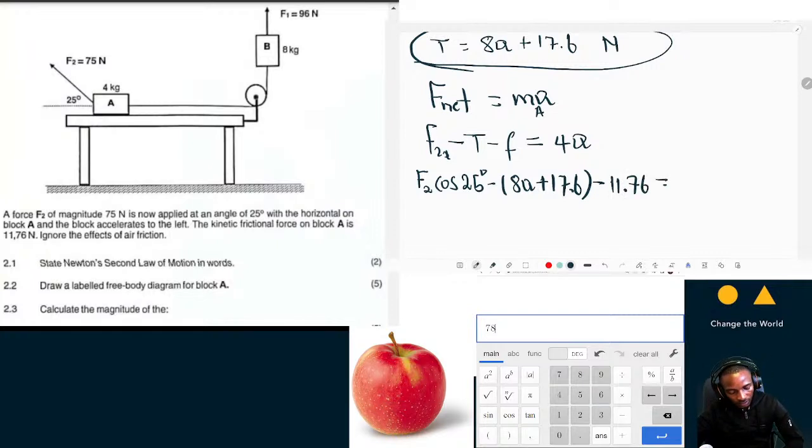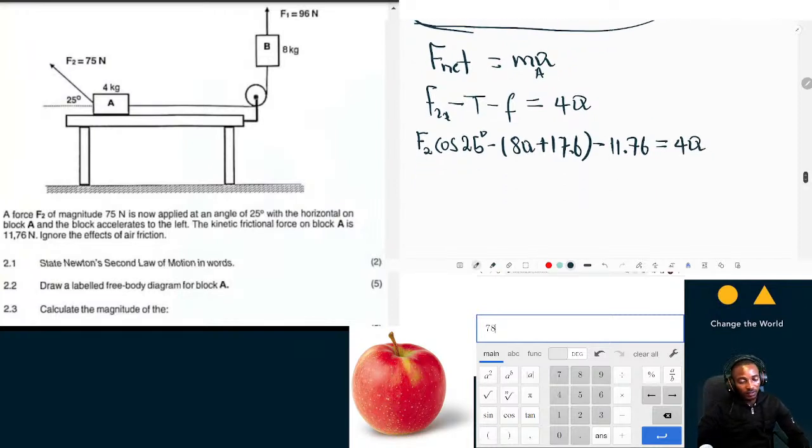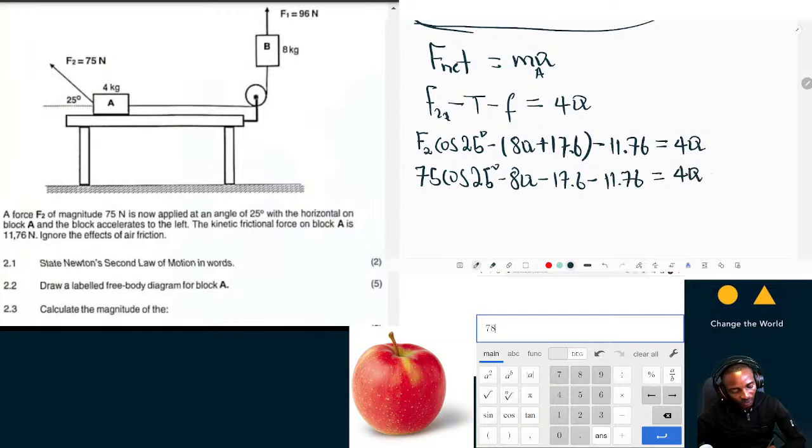This is equal to 4a. What is F2? F2 is 75. So I have 75 cos of 25 degrees minus (8a plus 17.6). Now we remove the brackets. The negative times the positive gives negative 17.6, then minus 11.76. This is equal to 4a.